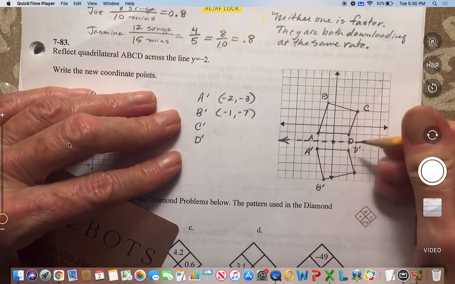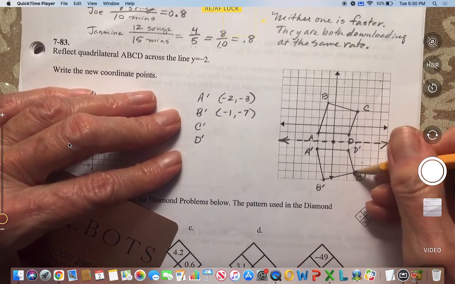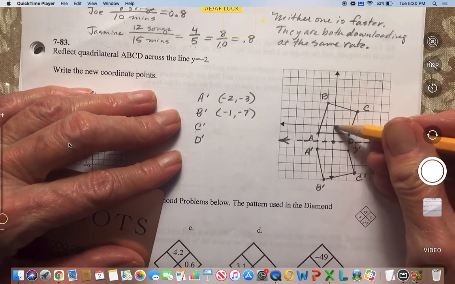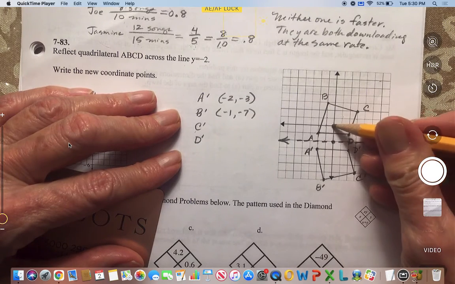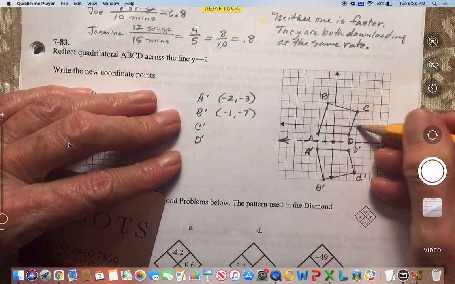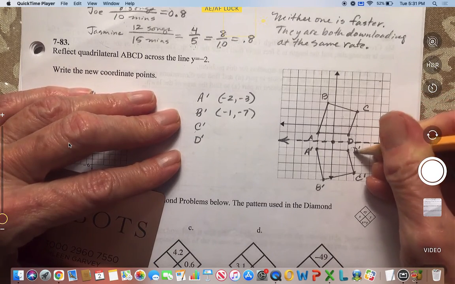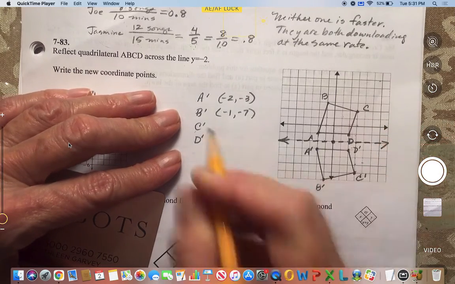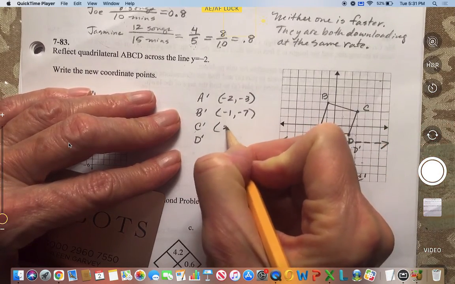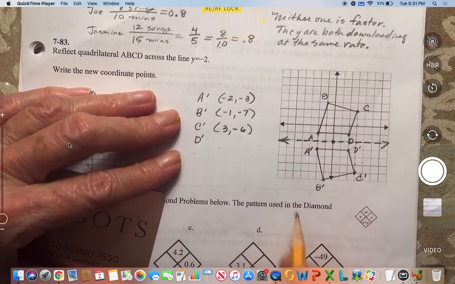All right, and C prime is over here. So the x is positive, and it's 1, 2, 3, but the y is negative, so it's 1, 2, 3, 4, 5, 6, -6. So a +3 for the x coordinate and -6 for the y coordinate.